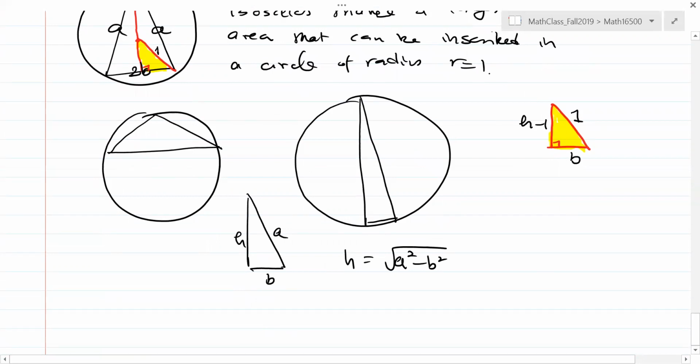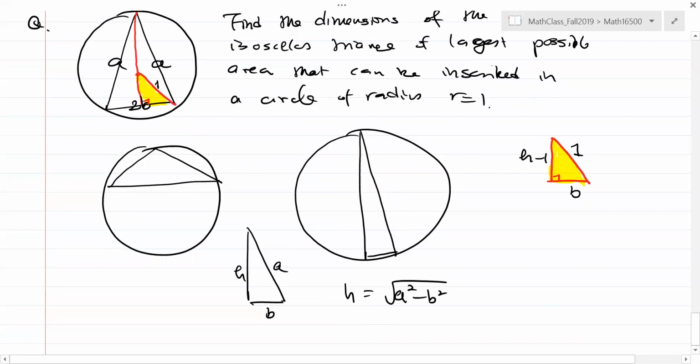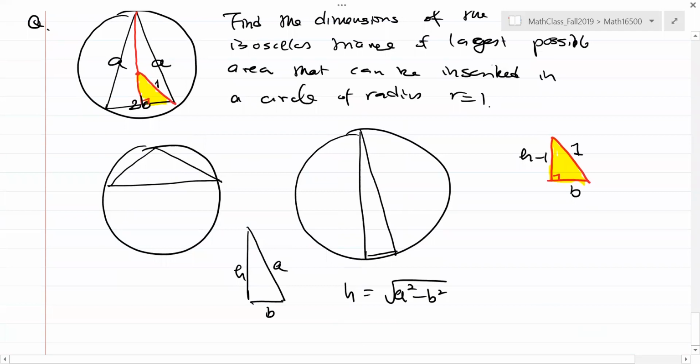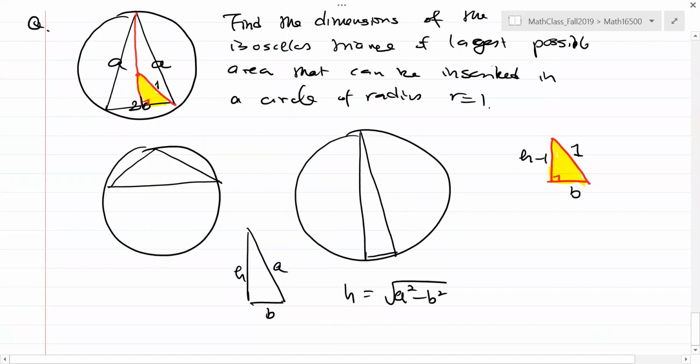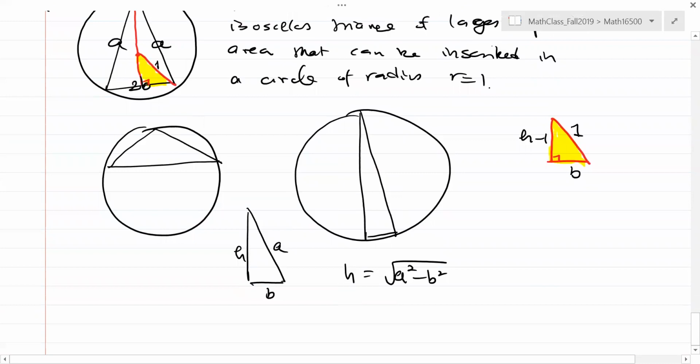So a and b are given. All right, so now we have a and b, right?